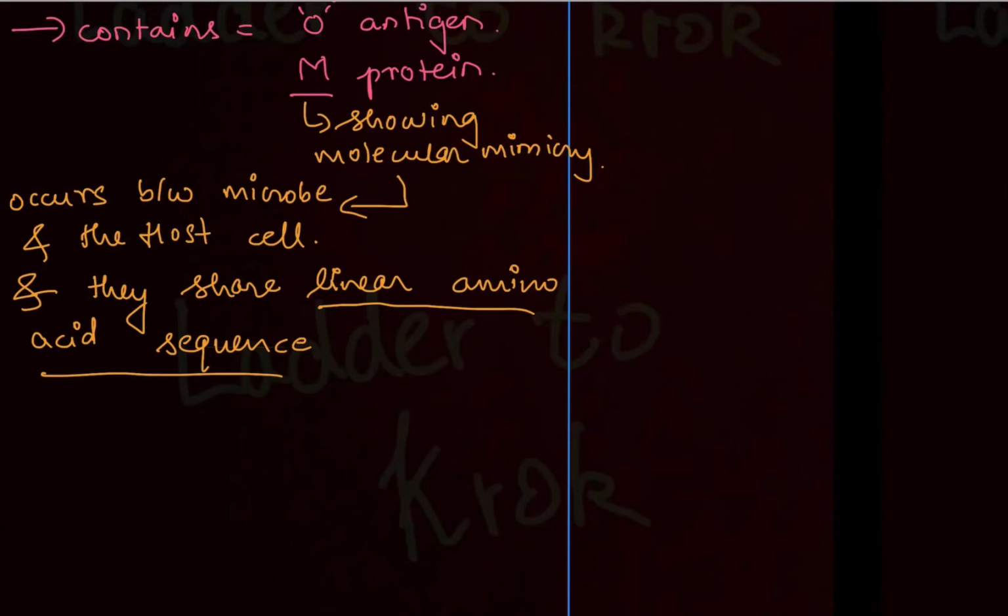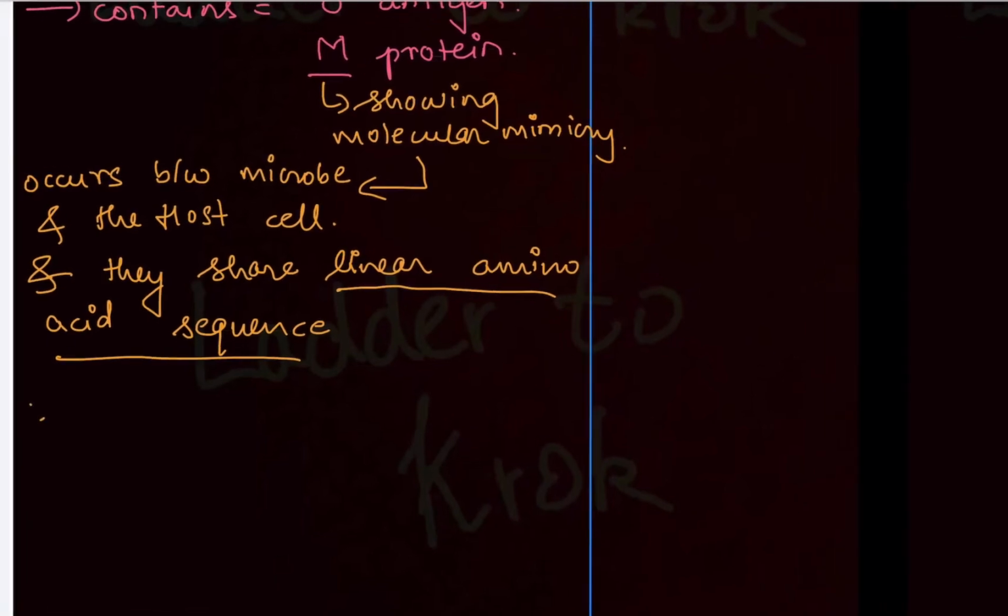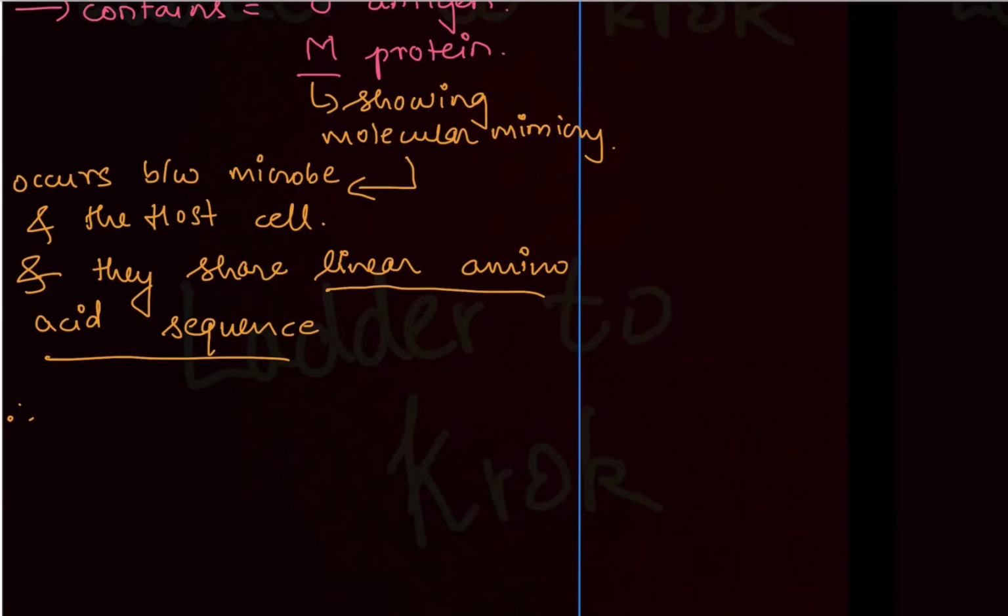Therefore the microbe will start mimicking the host cell, right? So when our immune system recognizes that this is a foreign antigen, it will get confused, because our own cell will also be having the same linear amino acid sequence as the bacteria. So the immune system will get confused: whom should I kill? Who is the actual antigen?